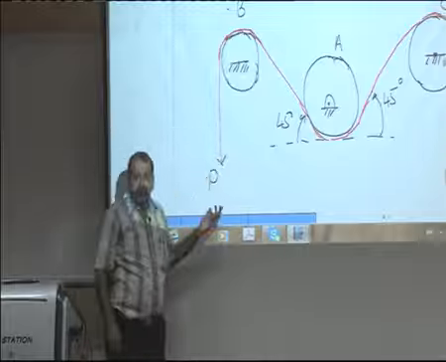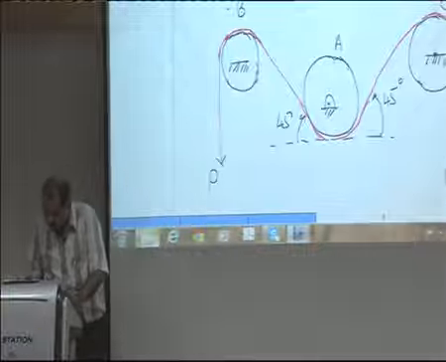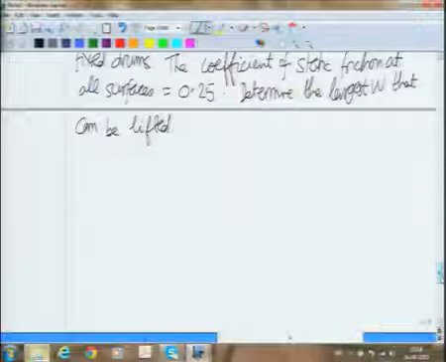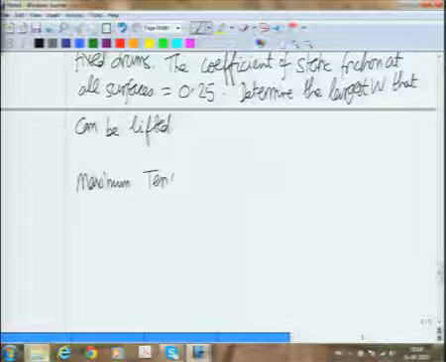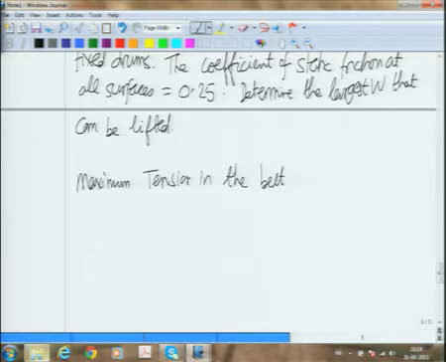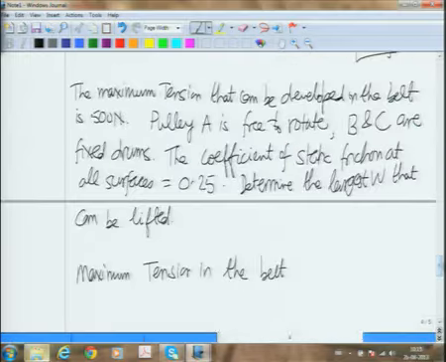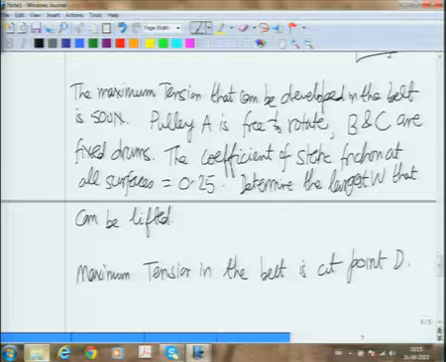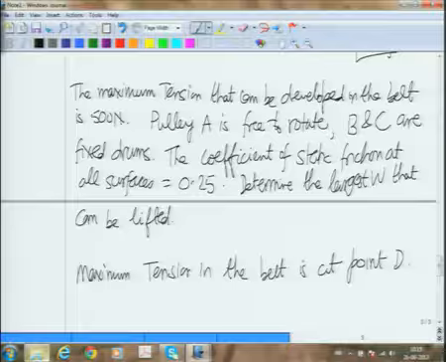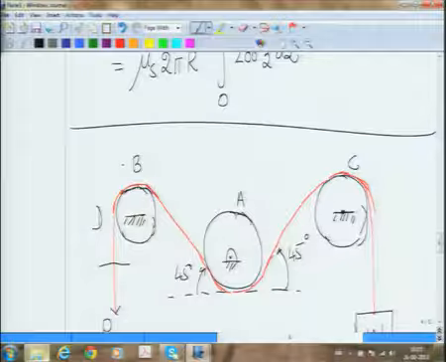It will be at the point D. So, that means what we have analyzed is that the maximum tension in the belt is at point D. So, at this section, this is where the maximum tension will come.